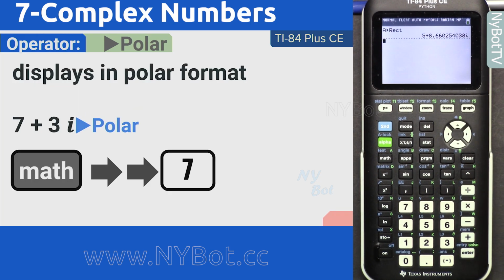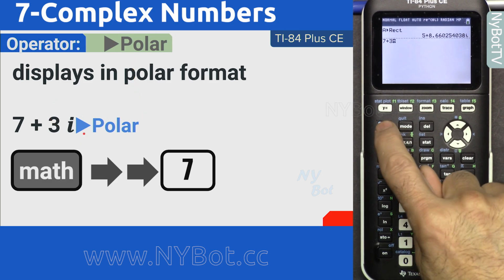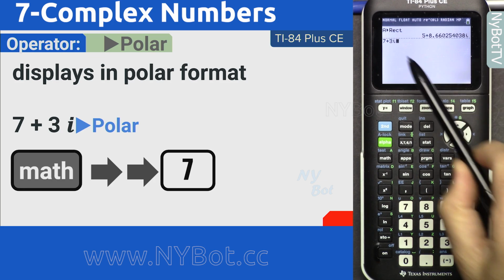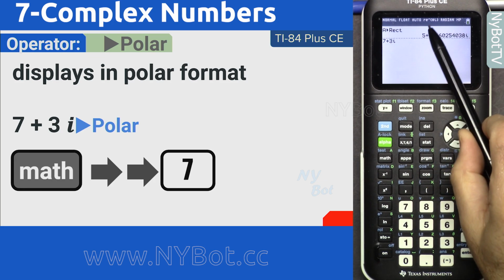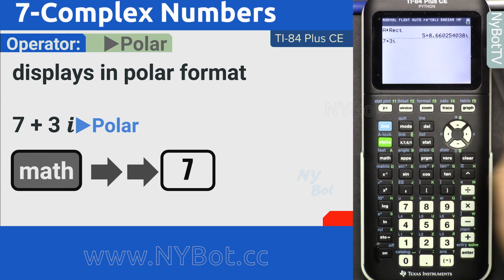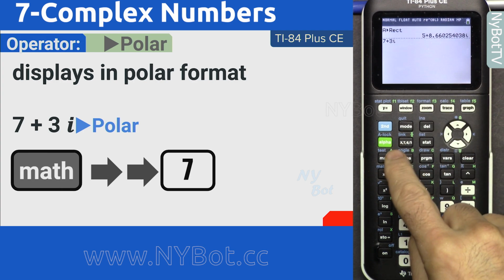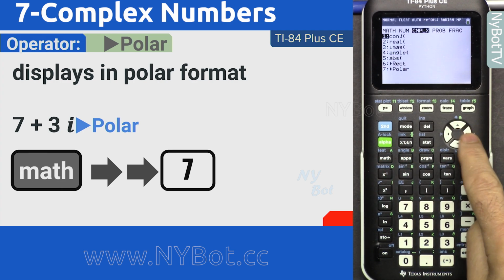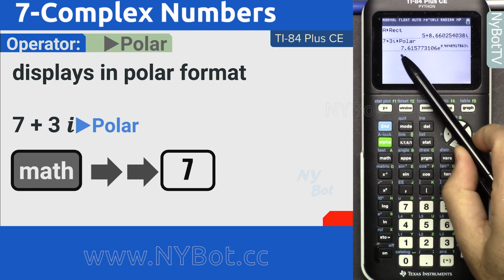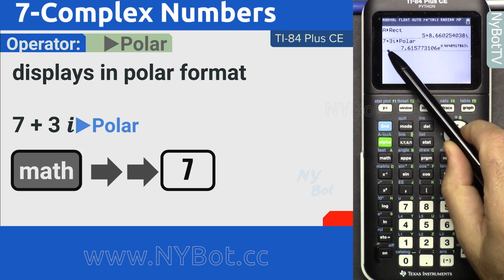That is rectangular format. If you want to get the polar, same thing, 7 plus 3i, and we want to convert it to polar, regardless of the setting. Remember, this was polar, but it was showing rectangular, because when you use these operators, it converts it directly. So math, complex, 7, that's polar, and you will get the polar format of this value.